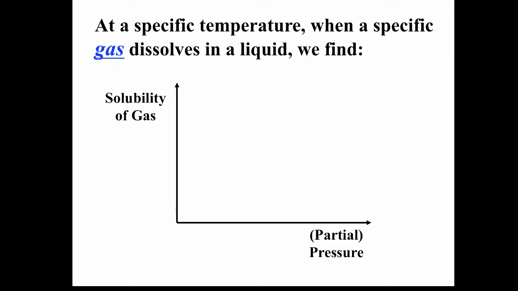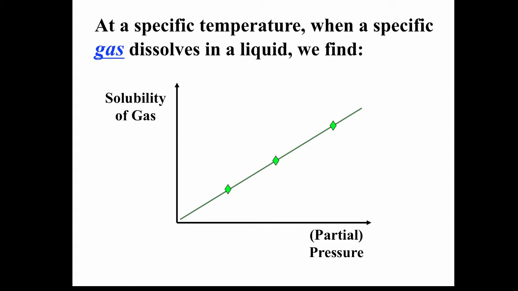For a particular gas in a particular liquid, if we measure the solubility at a particular partial pressure of the gas above the liquid, and then increase the pressure, we find that the solubility increases as well. And when we decrease the pressure, the solubility decreases, and the graphical relationship is shown here. It's a linear relationship, and this is true in general for gases.